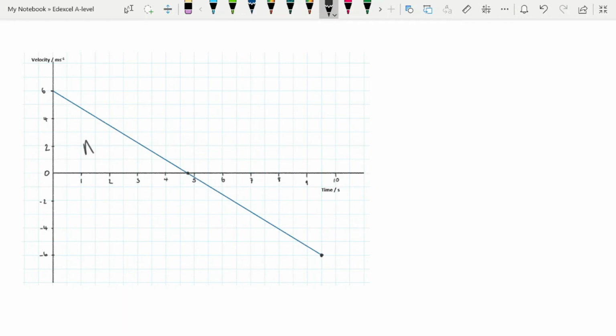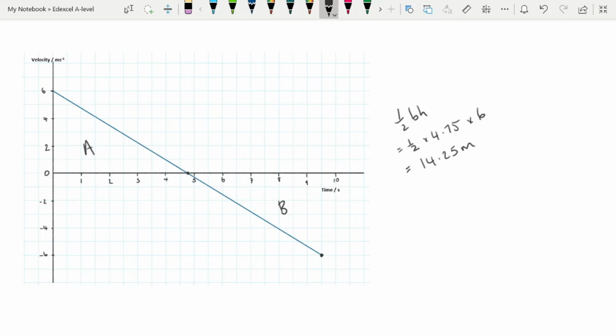If we divide this into parts A and B and apply our geometry equations, A is obviously a triangle, half base times height. That will be a half of, let's call it, 4.75 times 6, giving us a distance of 14.25 meters.